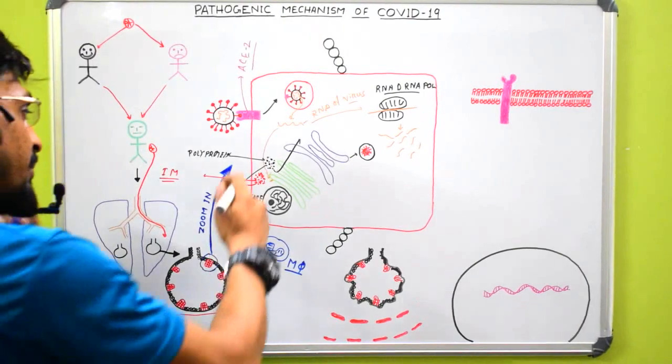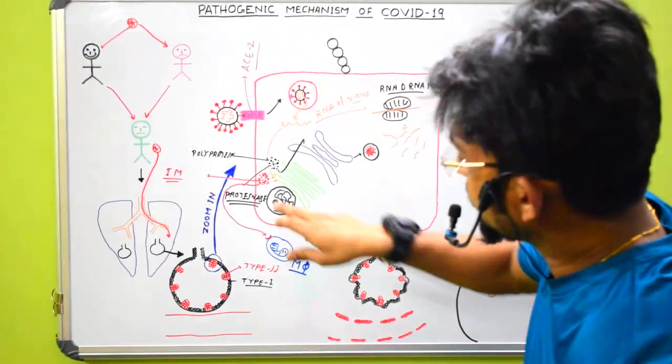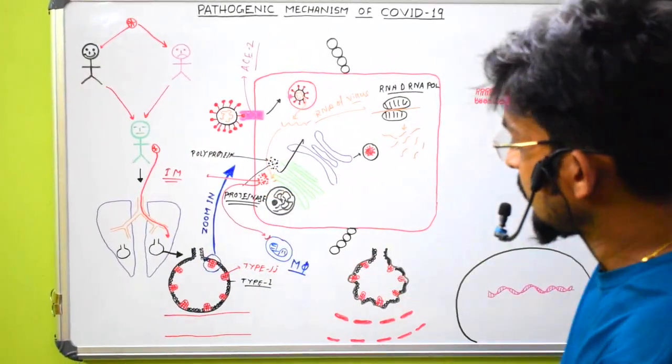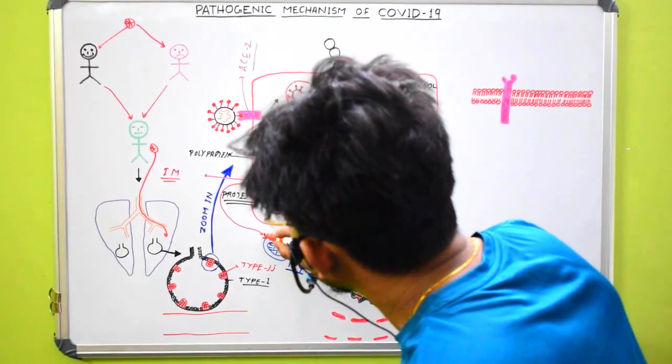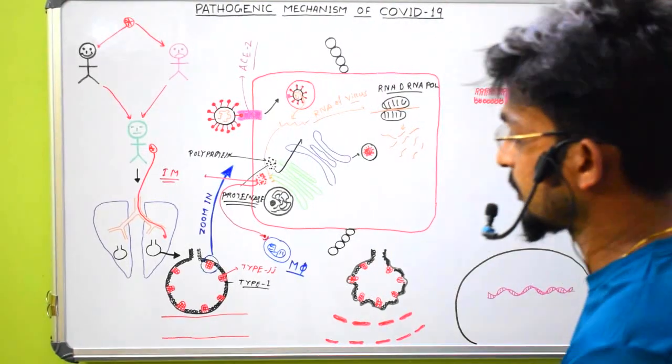And as it binds with these trimmed polyproteins, it then produces different types of chemical secretions.